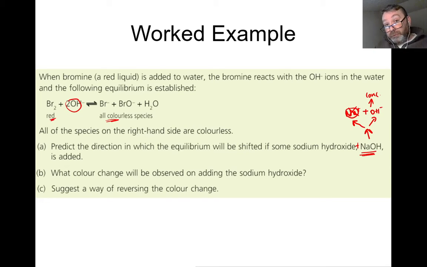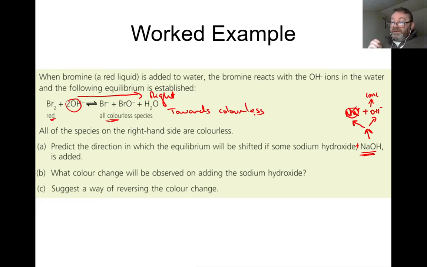So what will the system do? It'll move the position of equilibrium to get away from the OH minus. In other words, the position of equilibrium will move to the right. And what will happen is that the red colour will become paler and paler and paler, and it'll move towards colourless. That's all we've got to say.